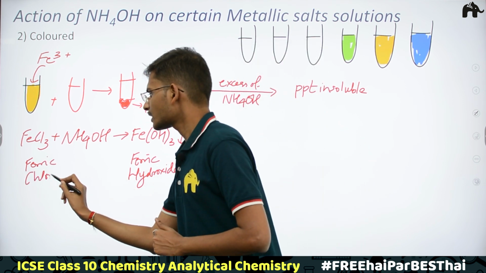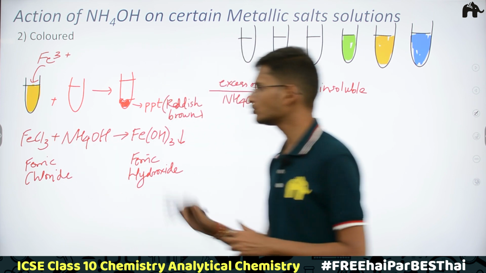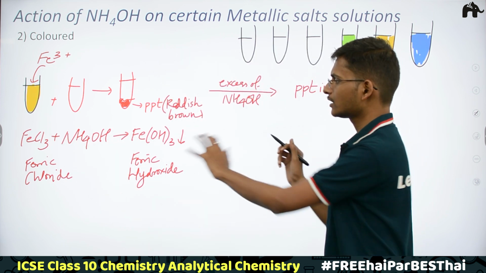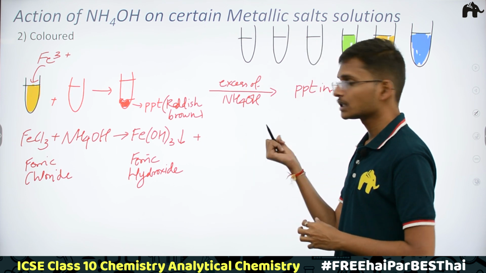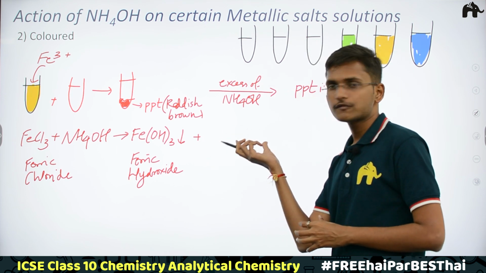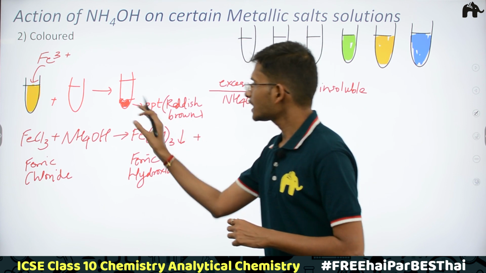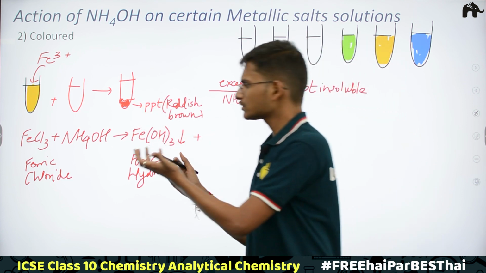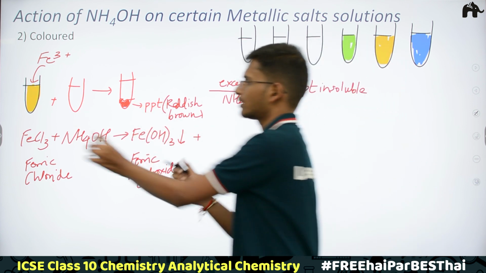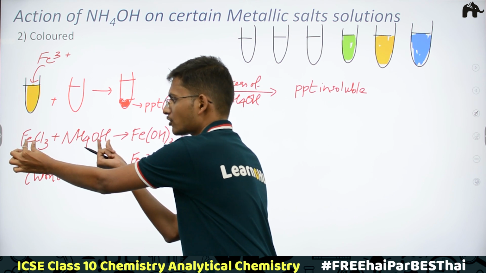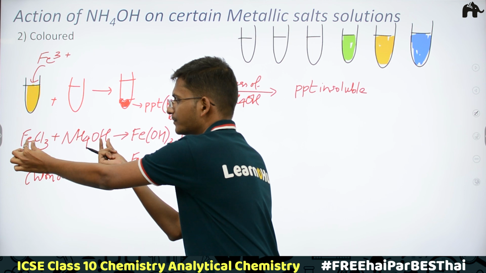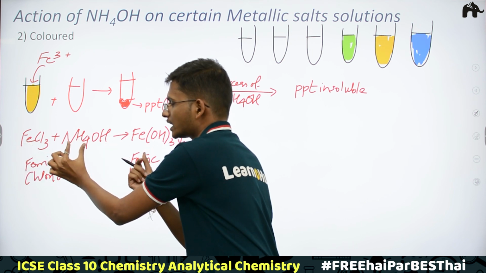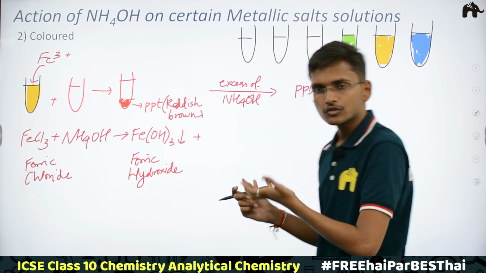Yes, we have written the two reactants. One product is ready. Now moving ahead to the last salt which is formed. We know how to make it: 1 Fe, 3 hydroxide ions. When 1 Fe and OH- ions are coming from here, what is remaining? NH4+ ions and chloride ions.